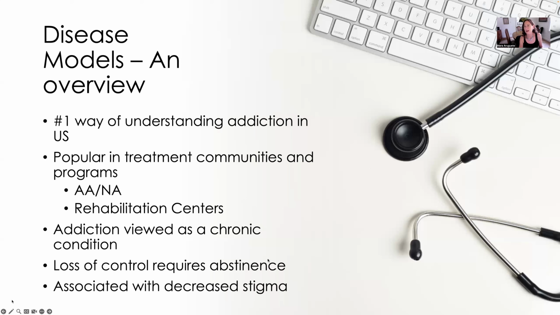Therefore, the disease models usually require abstinence by way of treatment, meaning that you just have to stop altogether and not do it at all anymore, as opposed to moderate use, which we'll talk about. Finally, it's associated with decreased stigma. If a person has a disease, it's like having diabetes or cancer, right? So you can't really blame the person for having a disease.